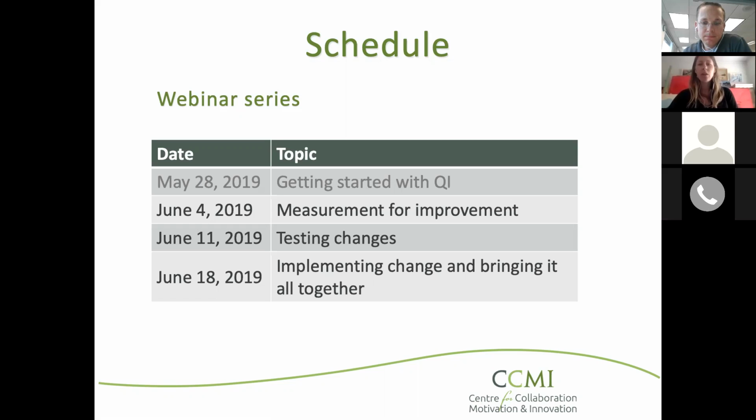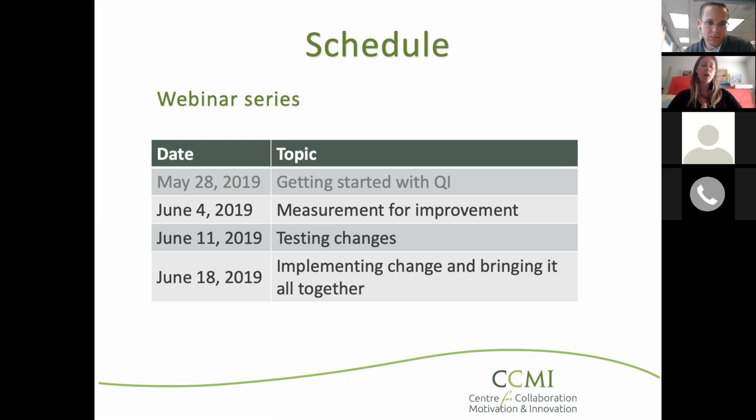Today, we're going to take a closer look at measurement for improvement, including setting up the measurement systems and techniques that you'll be able to use to interpret your own improvement data as you're collecting it and beginning to process it. And for those of you that have been following the syllabus, we've shifted slightly from the original plan, but do plan to cover all of the topics by the end of the 4 series.